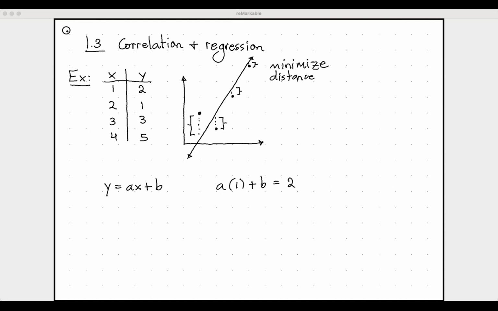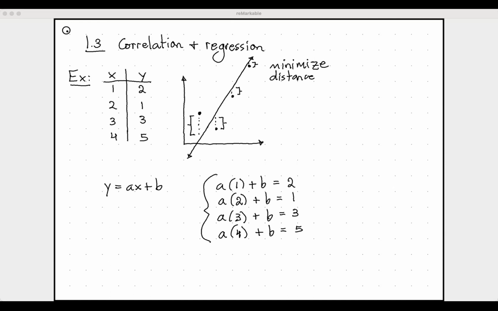And on the second row, A times the X value, which is 2, plus B should equal the Y value, that's 1, right? So on and so forth. So ideally, if the line touched every single point in my data set, I should have these 4 equations, and I would hope to solve all of these simultaneously.